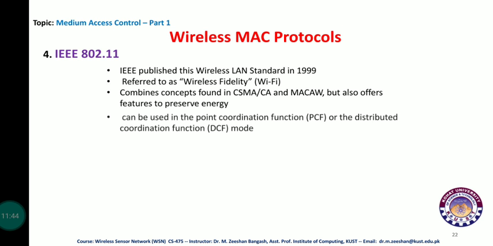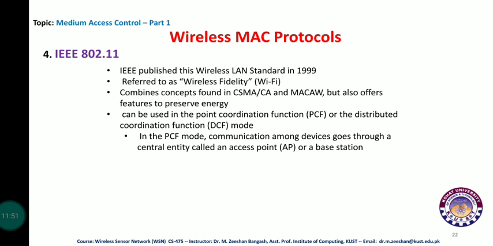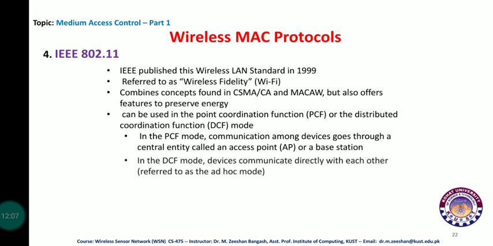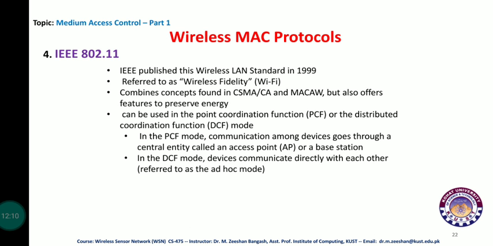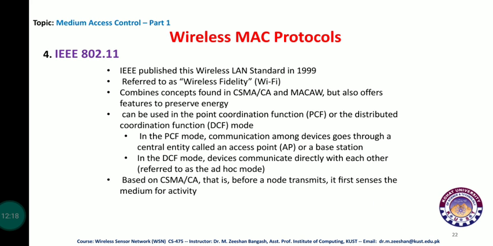It can be used in point coordination function or distributed coordination function mode. In the point coordination function mode, devices go through an access point, which is a central entity, or a base station. However, in the distributed coordination function mode, the different devices communicate directly with each other, and this is an ad hoc mode based on CSMA/CA.